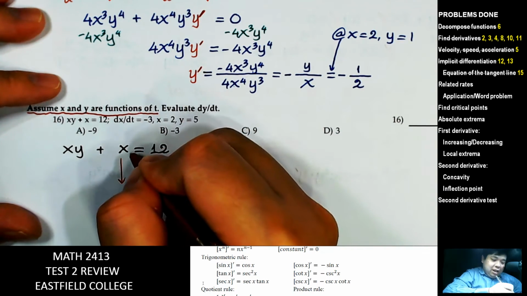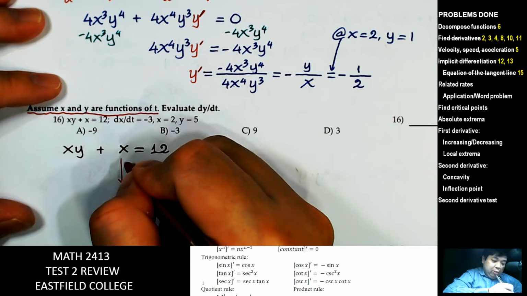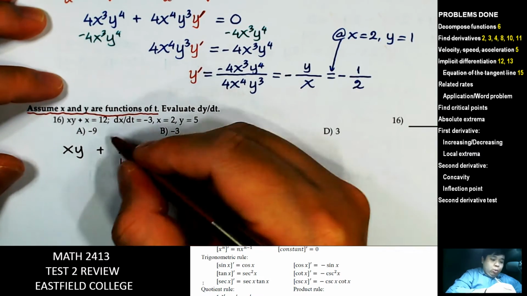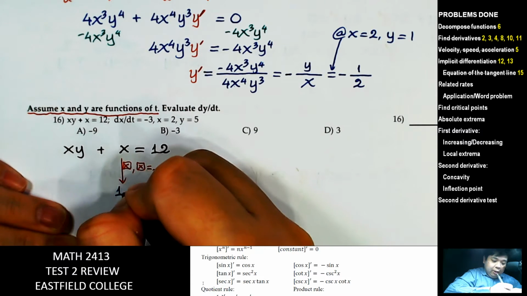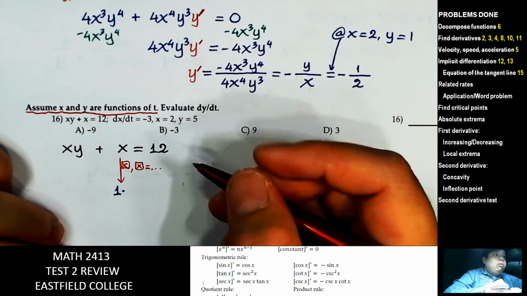Now since x is a function of t, we're going to have the box like x, and then the box equal to a function of t. So the derivative of x is going to be 1, and then the derivative of the box, we're going to have x prime.